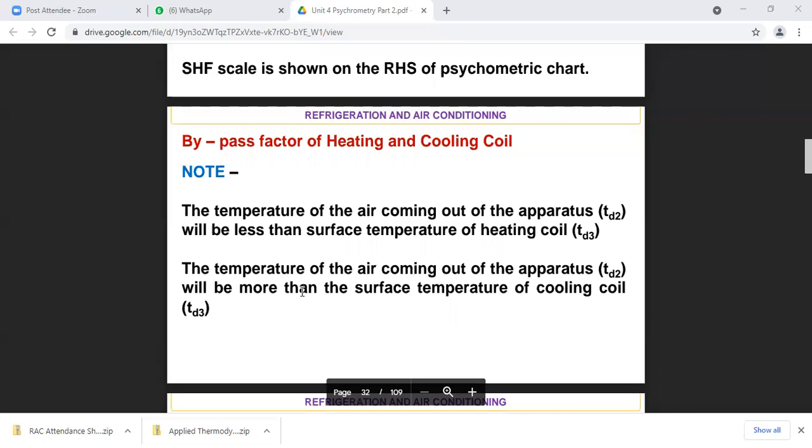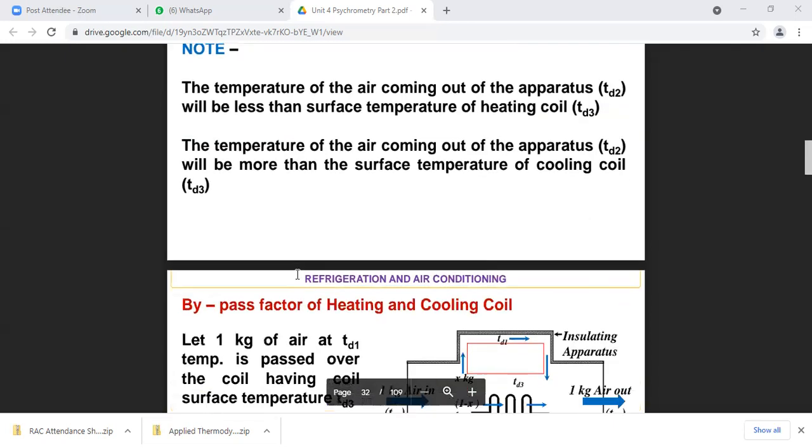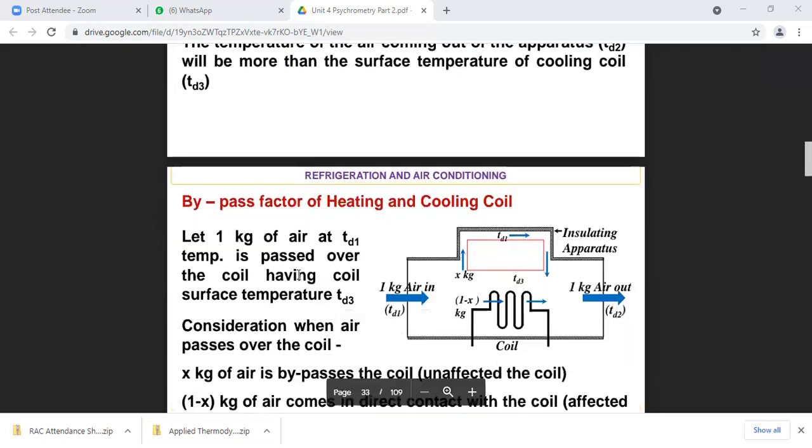But during this process, this does not happen, due to the effect of the bypass factor in the heating or cooling coil apparatus. Considering the cooling apparatus, where chilled water is circulated, the air passing over the cooling coil and fins gets cooled. But not all air can come in contact with the cooling coil or the fins. Some air passes through the fins unaffected.